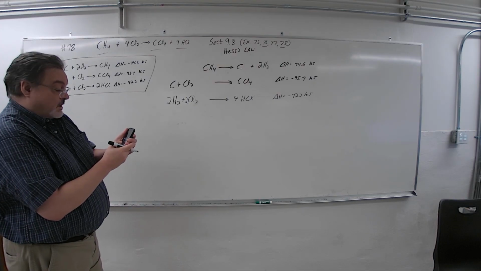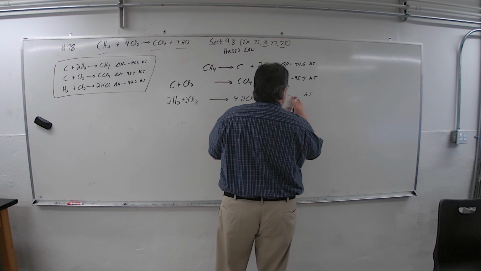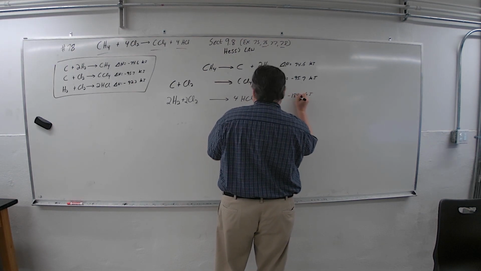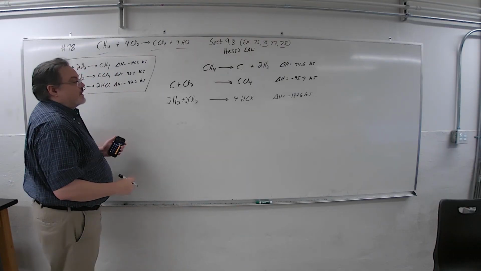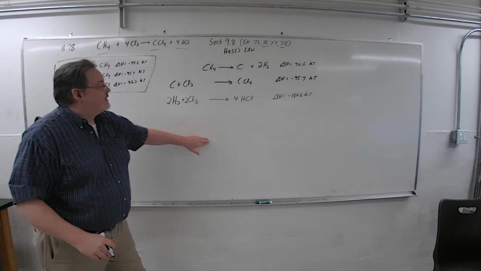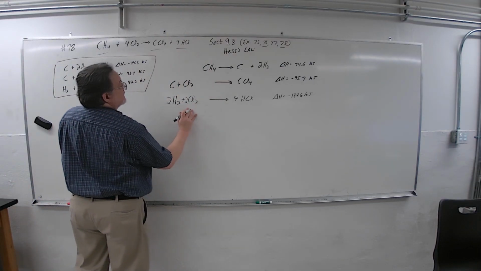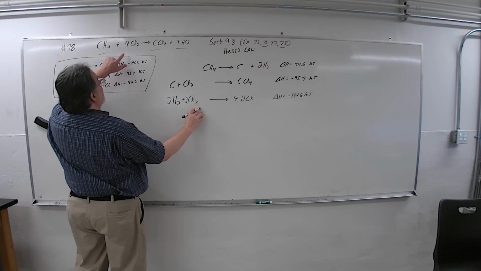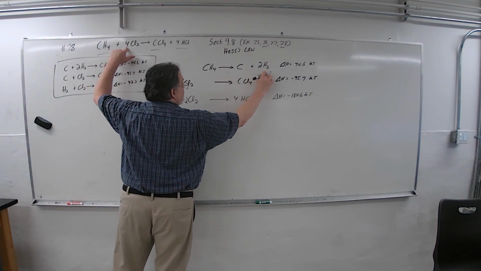So now it's negative 184.6. So what I did is multiply everything by 2, including this. Now I've got 4 HCl, that's good. I've got 2 Cl there, I don't have enough Cl. I have 2 H2, so those will eliminate.